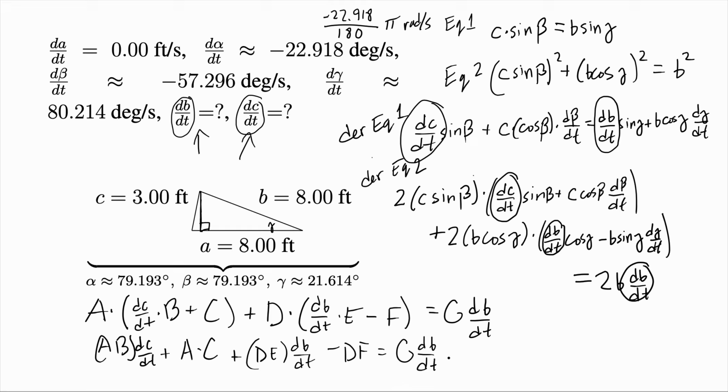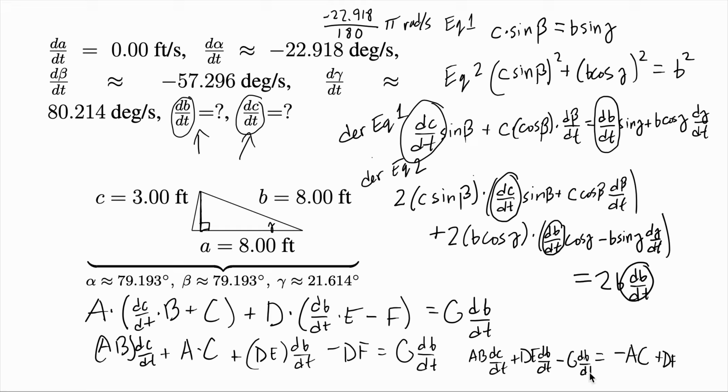Then we can collect terms and work on that. Essentially, this A times C and dF are just numbers, and we put them on the other side. If we do that, we'll have a negative AC plus dF on one side, and the other side we'll have AB dC/dt, and then this dE dB/dt, and then we subtract that part over, minus G dB/dt.